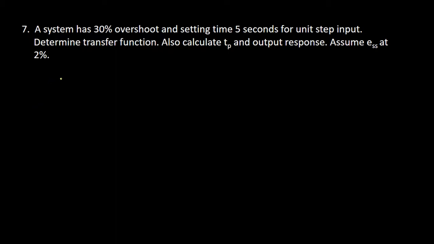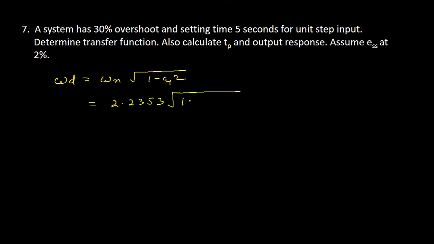Now we will find out the damped frequency of oscillations omega d. The formula for omega d is omega n into under root 1 minus zeta square. Now we put the value of omega n and zeta here. Omega n is 2.2353 into under root 1 minus 0.3578 whole square.